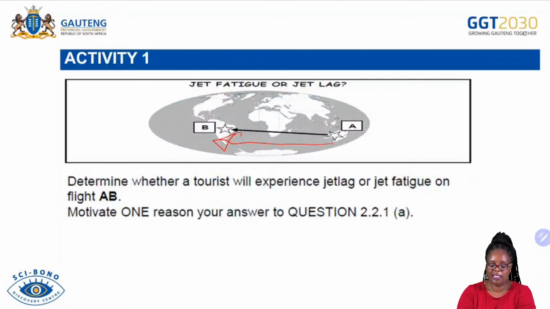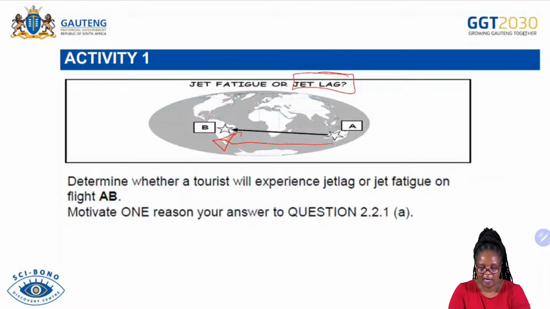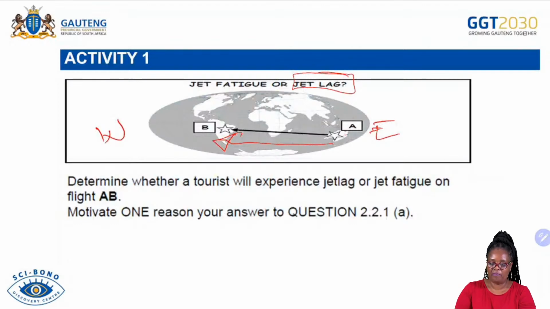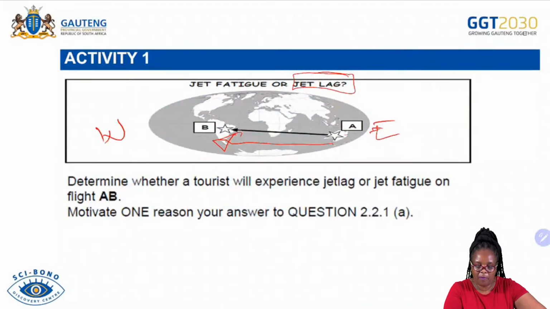It will be jet lag. The traveler will experience jet lag. And as you can see, the person is moving from east to west, and we said that if you're moving from east to west, you will experience jet lag. And look at the map. Is it faint? But you can see the time zones here.